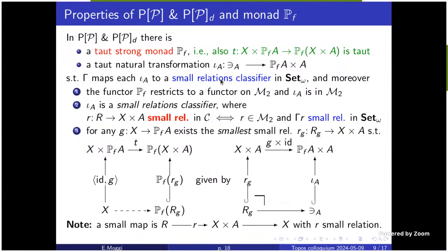But now I have to define what a small relation is in one of these categories. I leverage the fact that I have this global section functor.